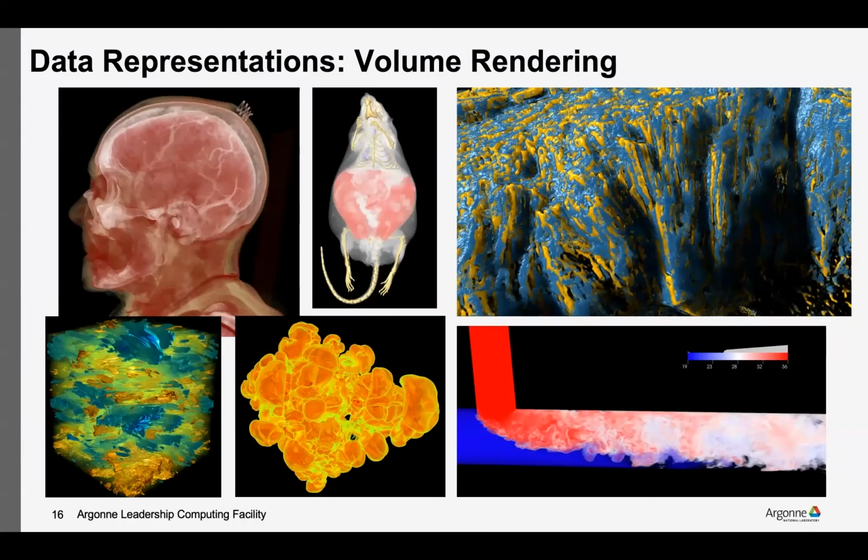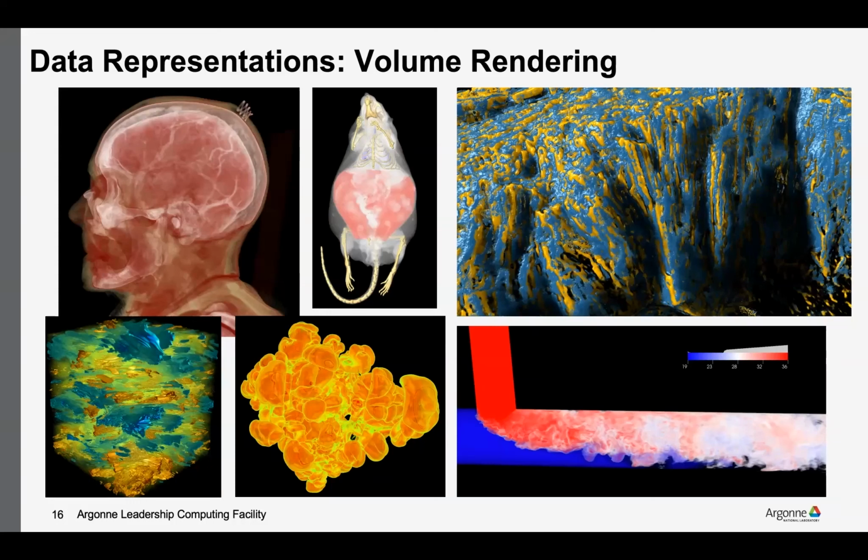Volume rendering is one of the often used visualization techniques. There are lots of different algorithms for doing this, but basically you have a 3D volume of data, and you shoot rays through that volume and trace along each ray.